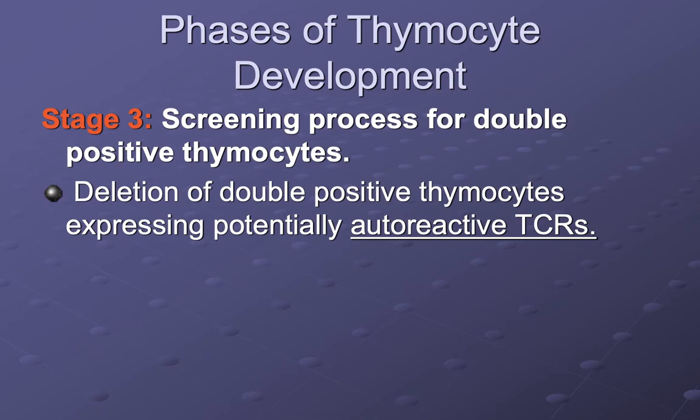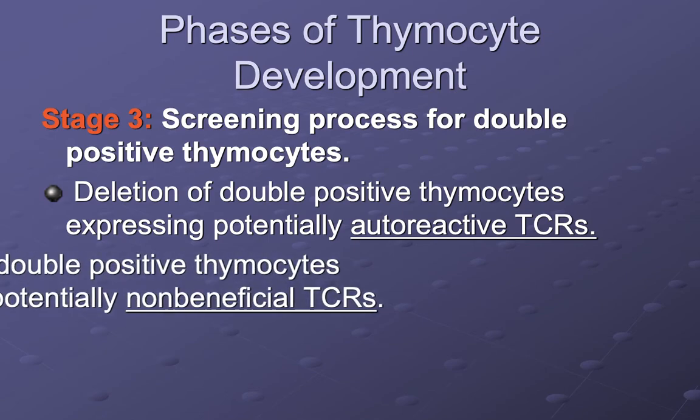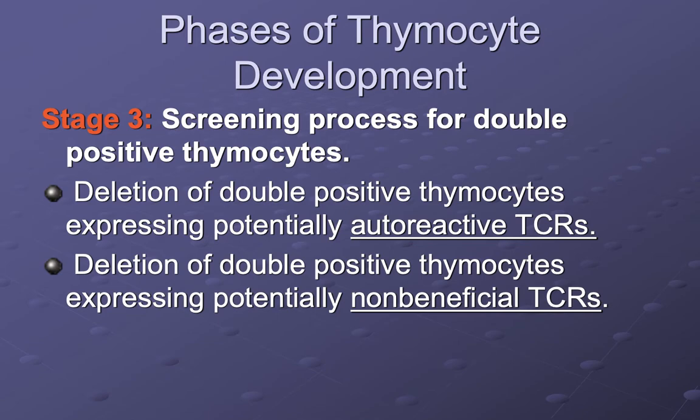potentially autoreactive TCRs, meaning TCRs that react against self-antigens, right? Also, the screening process can result in the deletion of double positive thymocytes that express potentially non-beneficial TCRs that are not really doing any recognition, or TCRs that are not reactive.